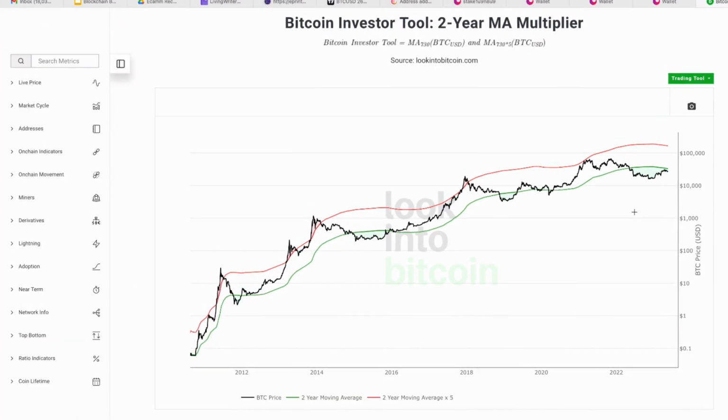The investor tool here is something that I just love to check out and wrap my mind around, again, psychologically, because it's hard to make these decisions. If you are making decisions with your emotion, you are going to fail. It's not an emotional practice here. This is a strategical, technical, disciplined practice.